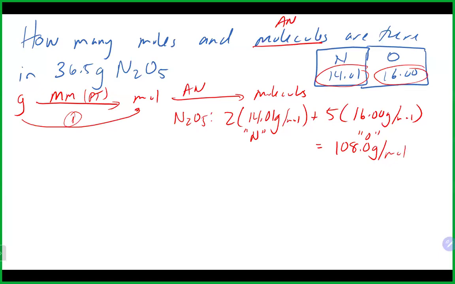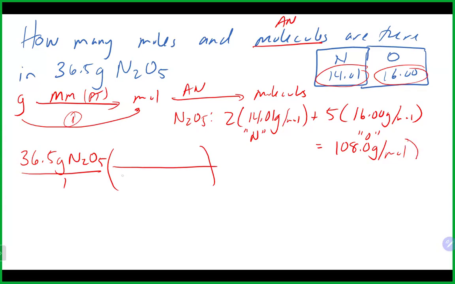So we can actually do the first part here. We'll take 36.5 grams of N2O5. Again, if it helps you, just put it over 1. That should clearly allow you to see grams are on top. So in this case, we actually have to use our molar mass in the reverse fashion. We do have to put the grams on the bottom and the moles up on top, so that the grams cancel.